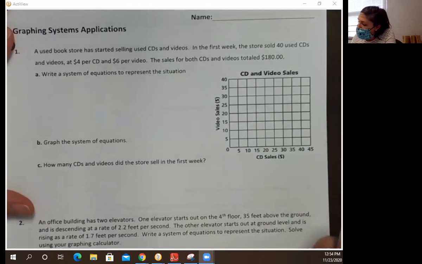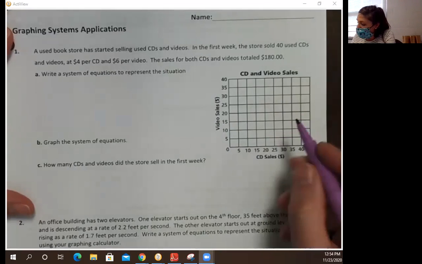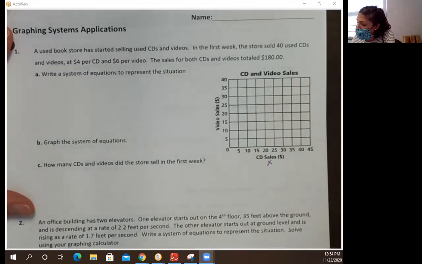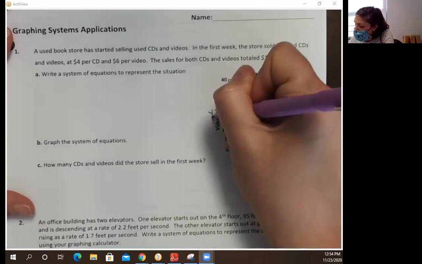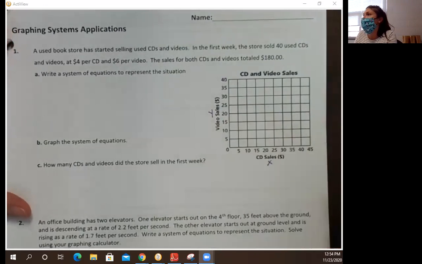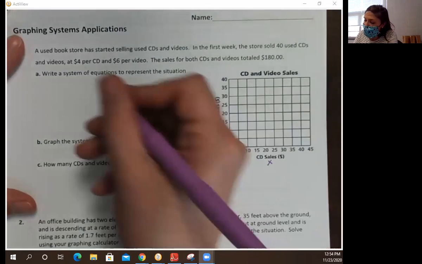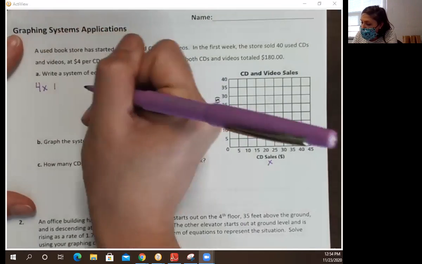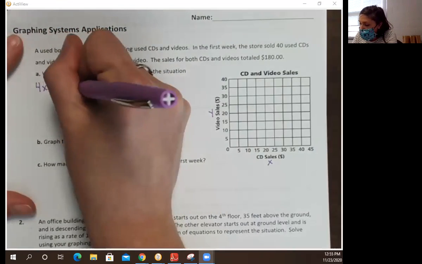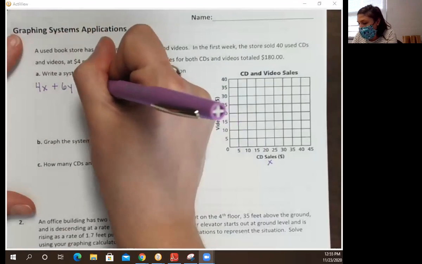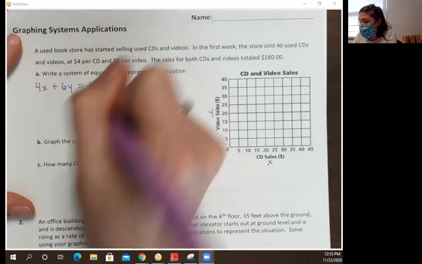So the other thing I'm going to notice is on my graph over here, my axes are labeled. CD is labeled on the x-axis, and video is labeled on the y-axis. So I'm going to use x and y since I already have these labeled axes. So 4x plus 6y equals 180.